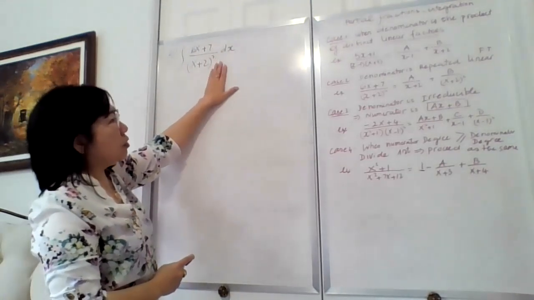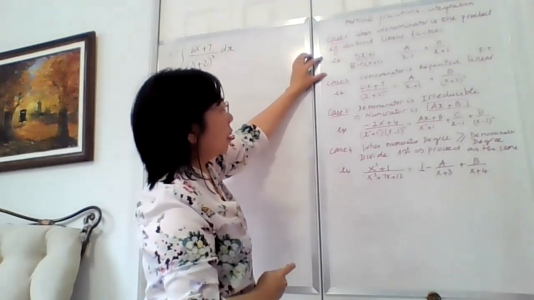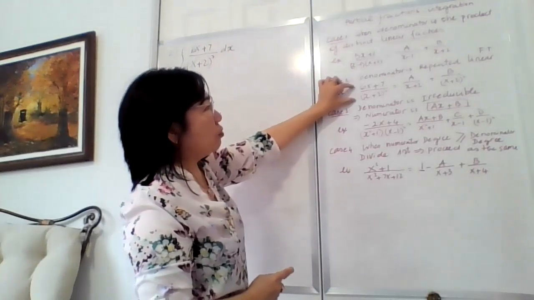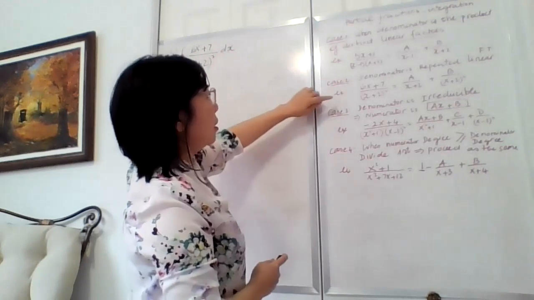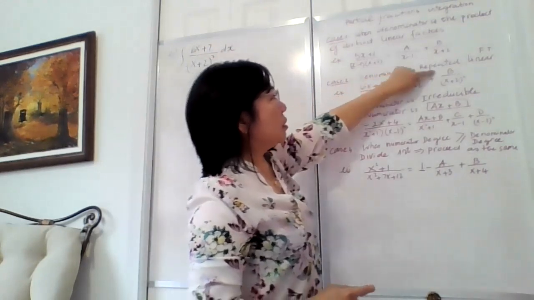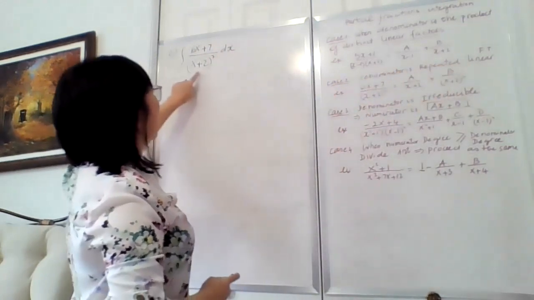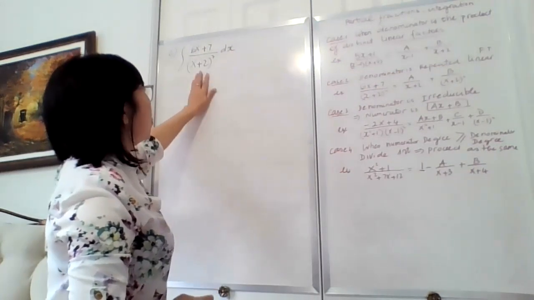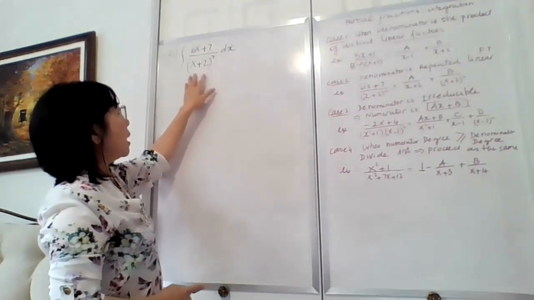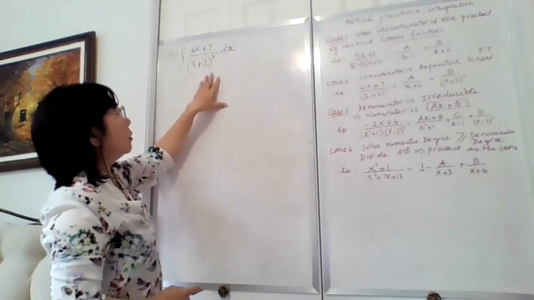So which K can we use? We cannot use the first K anymore. Now we have to use case 1, which is when the denominator is repeated linear. This is repeated linear because you have 2 brackets. If you break it down, you have 2 of them multiplied together.